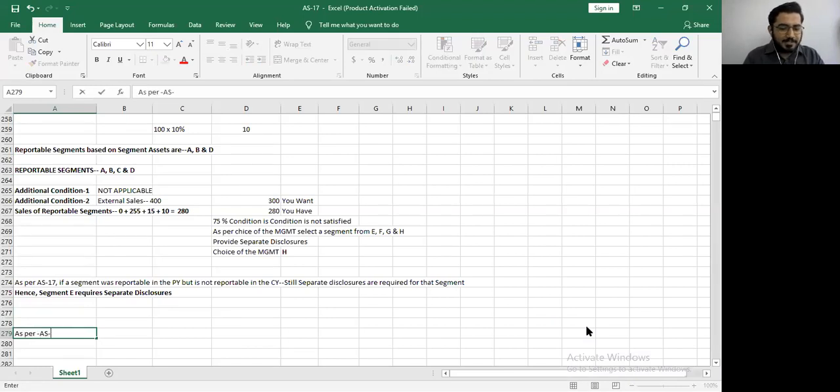As per AS-17, the transfer pricing policy adopted at the enterprise level should be used at the segment level.